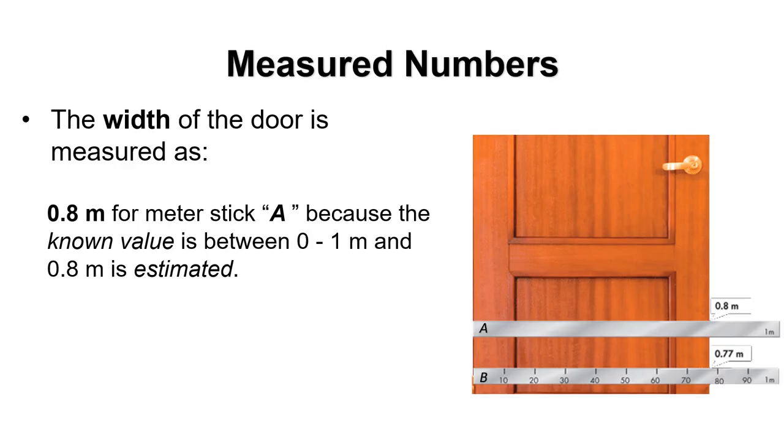So the known value there is 0.8, and 0.8 is estimated. It is estimated because we look at the meter stick from 0 to 1 and we estimate that this door is approximately 0.8.